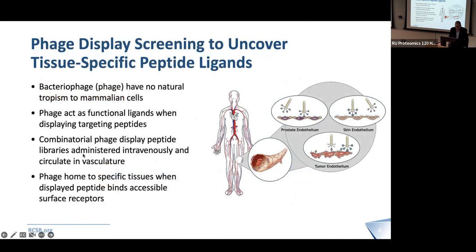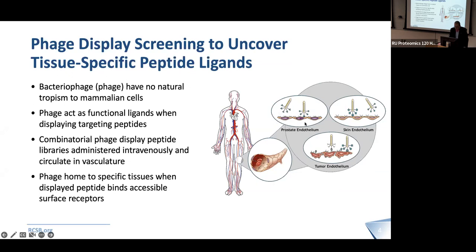So the way this screening exercise works is really quite simple. The phage are dissolved in water, or in normal saline probably, and then injected into the vascular tree of the animal. And by animal, I do include human. And there are opportunities upon harvesting tissues, more complicated in human, of course, than in animals where you can perform a necropsy.